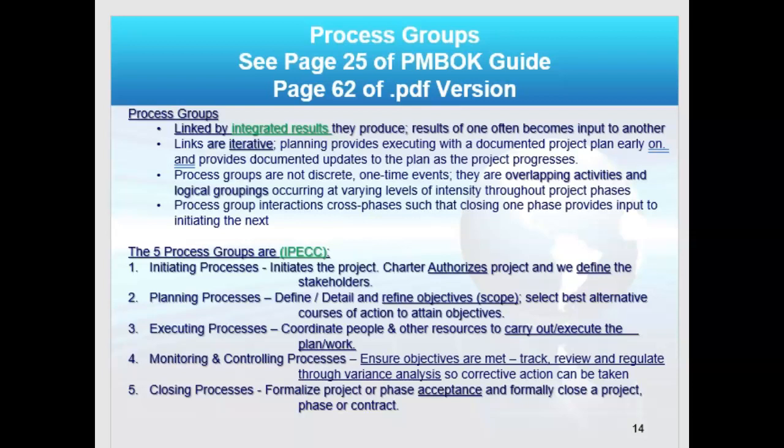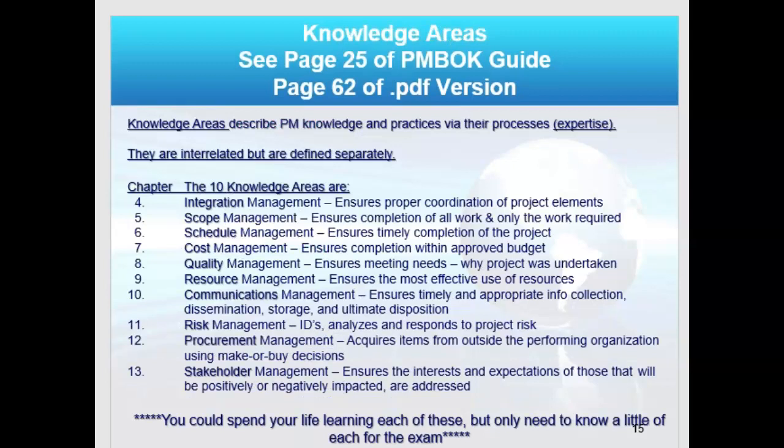Now, I've mentioned the process groups before. You can review more of this on page 25 of the PMBOK guide. If you're using the PDF version, it's page 62. So the process groups are linked by results. And I mentioned the IPEC, the 5 process groups, and a little bit about them here, worthy of your time to review. In addition, those are tied, if you look on page 25 of the PMBOK guide, down the left-hand side, you see the knowledge areas.